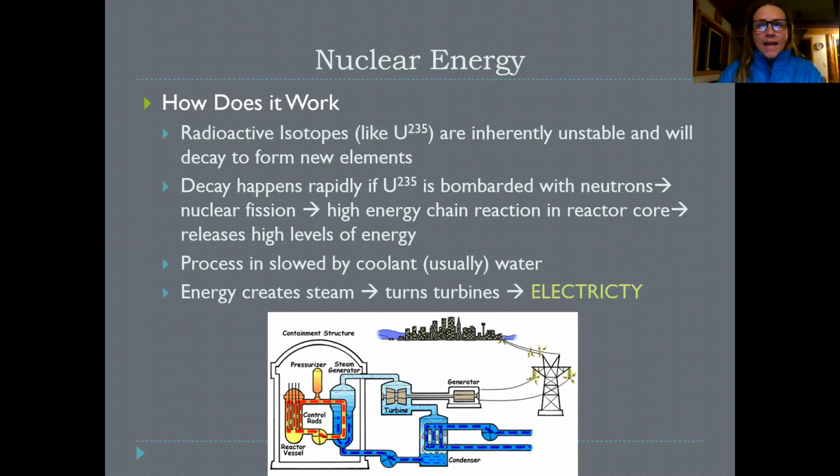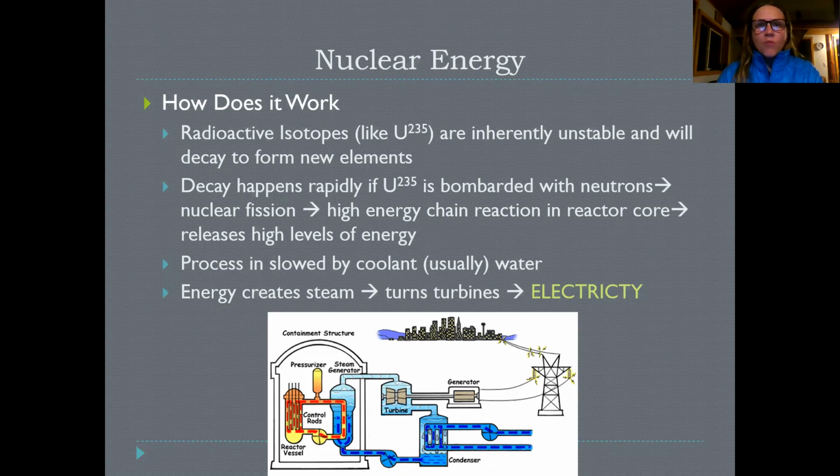And we can, in nature, let this decay process happen without human influence. It's going on all around us all the time, but usually in most places in very low concentrations.